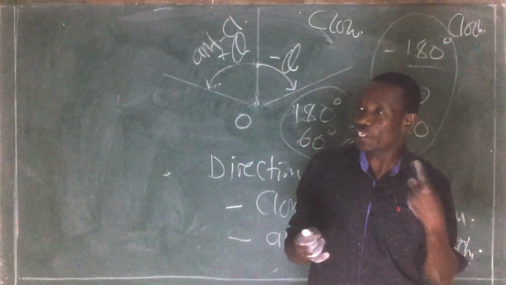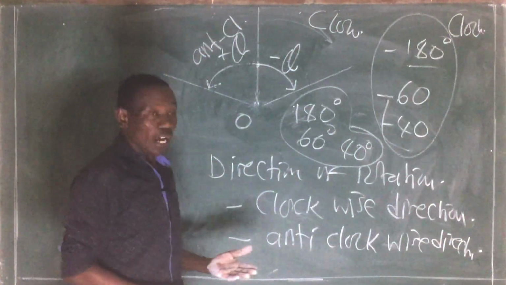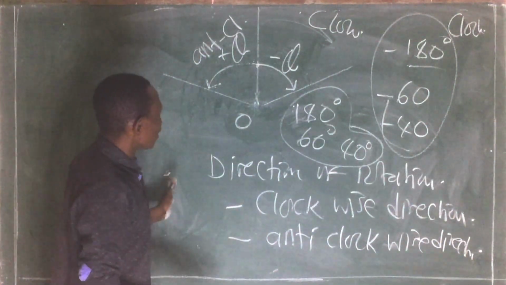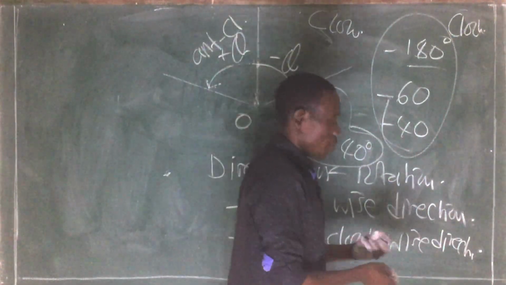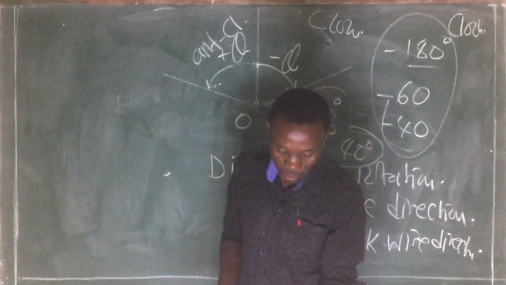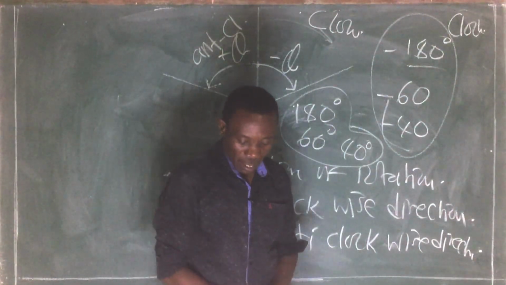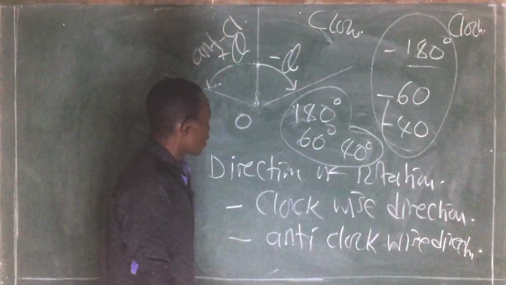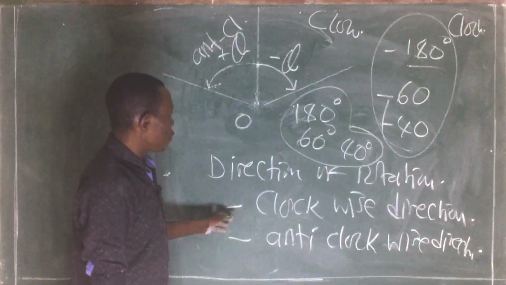If it is positive, it tells us the figure is rotating towards the left side. If it is negative, it tells us the figure is rotating towards the right side.